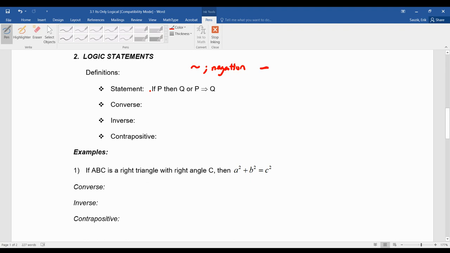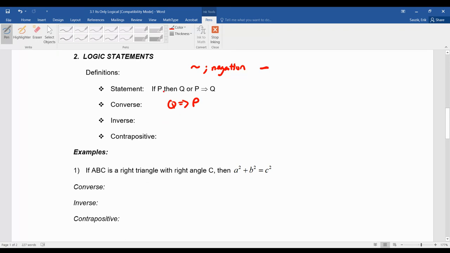Now, if I have a statement, every statement has a converse, and what that means is you flip around the Q and the P. So if our original statement is if P then Q, our converse would be if Q then P. Every statement has an inverse too. So if we take the original statement, the inverse would be to not both of the originals.